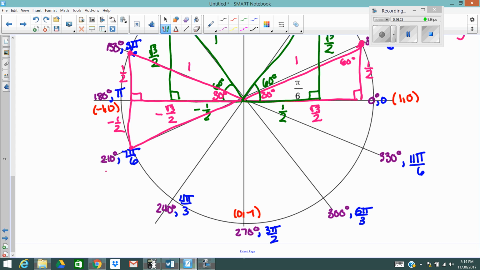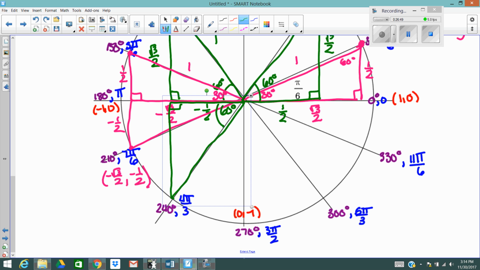So the coordinates of my point: cosine is negative square root of 3 over 2, and my sine is negative 1/2. And then my next point, my reference angle is 60 degrees.